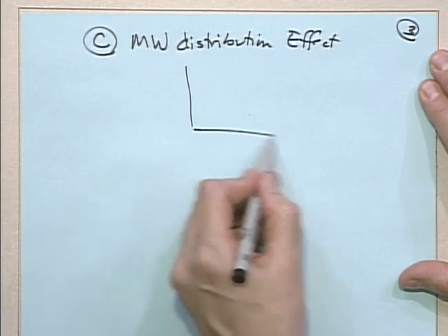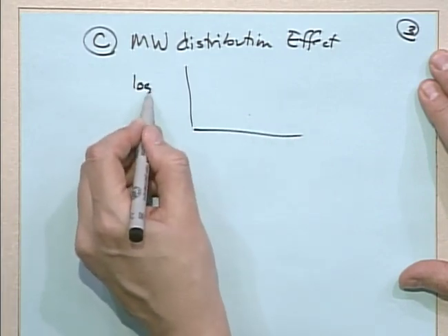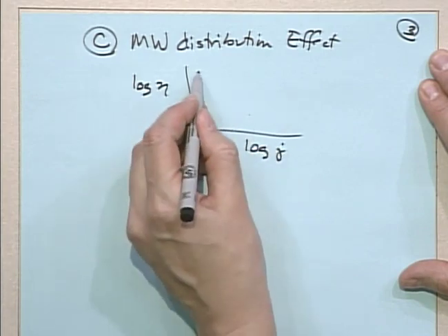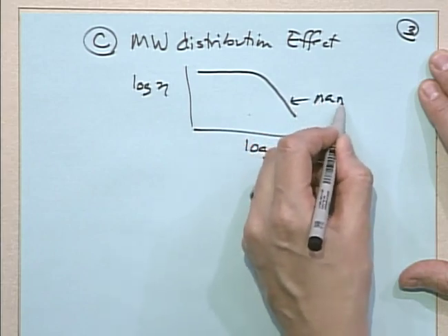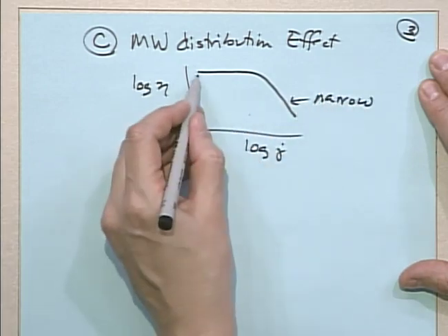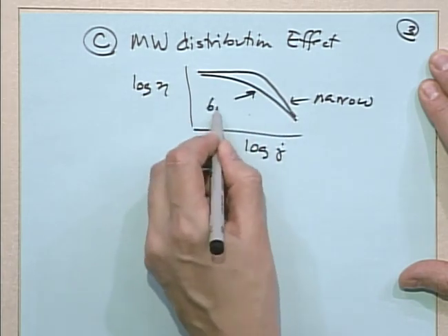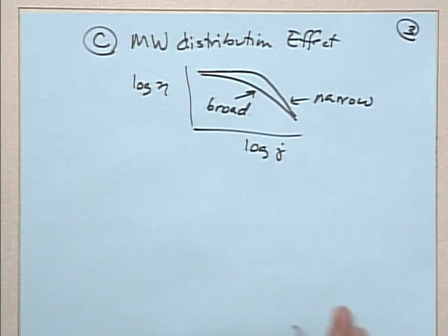And that effect is on a plot of log viscosity versus log shear rate. This is a narrow molecular weight distribution, and this is a broad. Typically, I just ask questions like, which of these two materials has a more narrow molecular weight distribution, something like that.